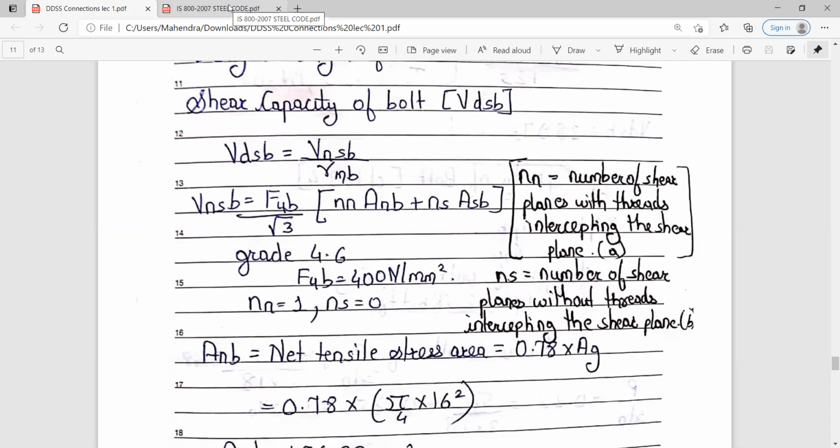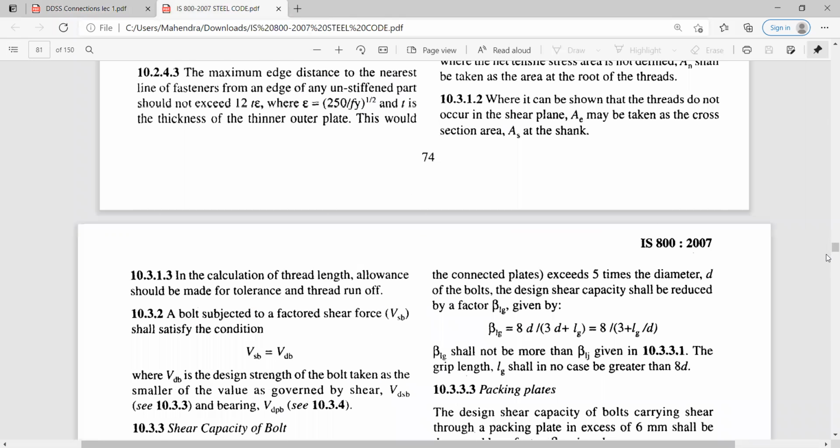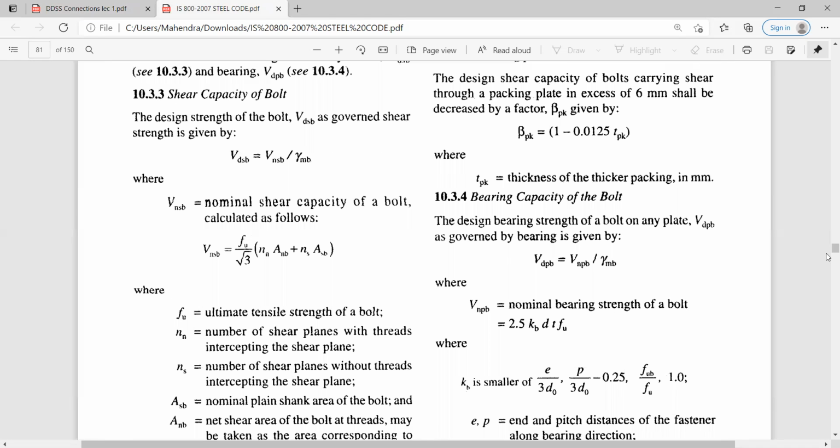So refer to IS 800 2007 page number 75. See, in clause number 10.3.3 you have these formulas for the shear capacity of the bolt. VNSB will be equal to FU upon root 3 into NN into ANB plus NS into ASB.